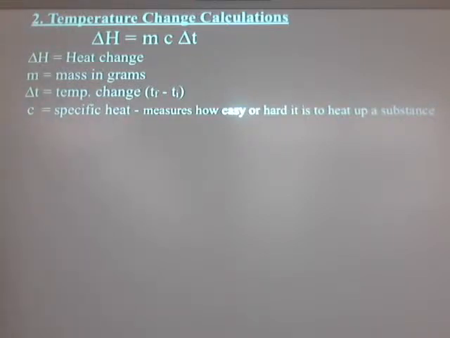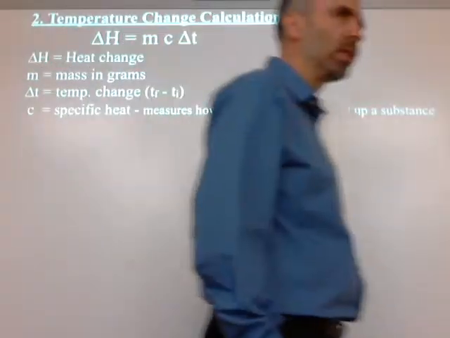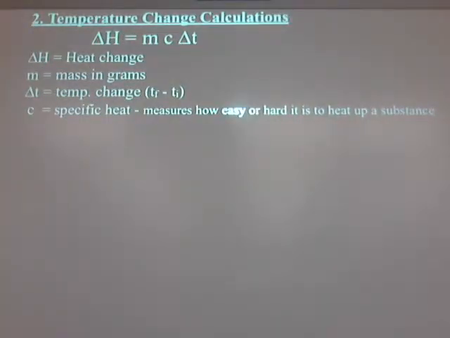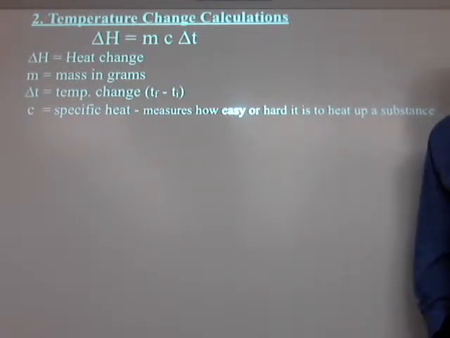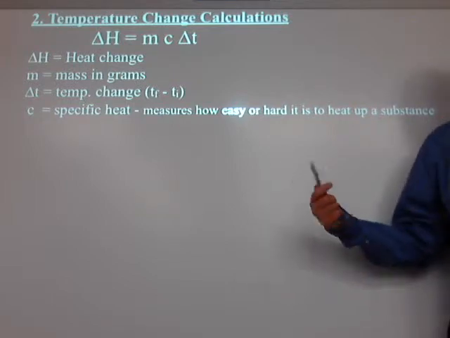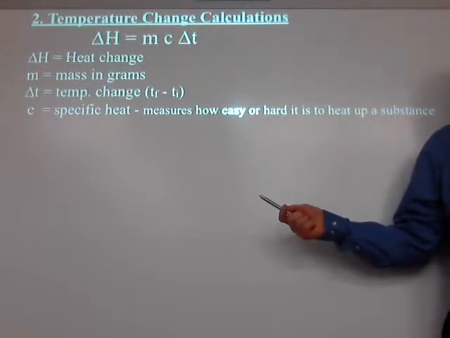Now, the thing is, everybody has their own specific heat. Different things are easier. Other ones are harder. And even different phases of the same thing can be easier or harder, as you'll see with water. The guy we use most of the time is water. He'll be in most of my examples.